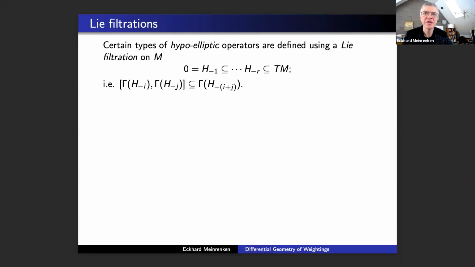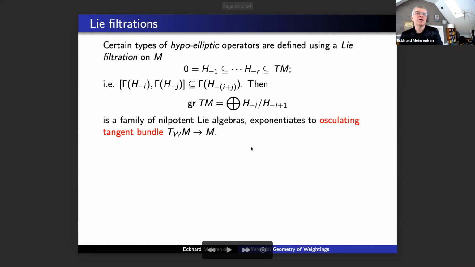So a Lie filtration on the tangent bundle is a filtration by subbundles with the property that if you take sections, so these are vector fields, it defines a filtration on the Lie algebra of vector fields. And one thing one gets is that the associated graded bundle for this filtration becomes then a family of nilpotent Lie algebras.